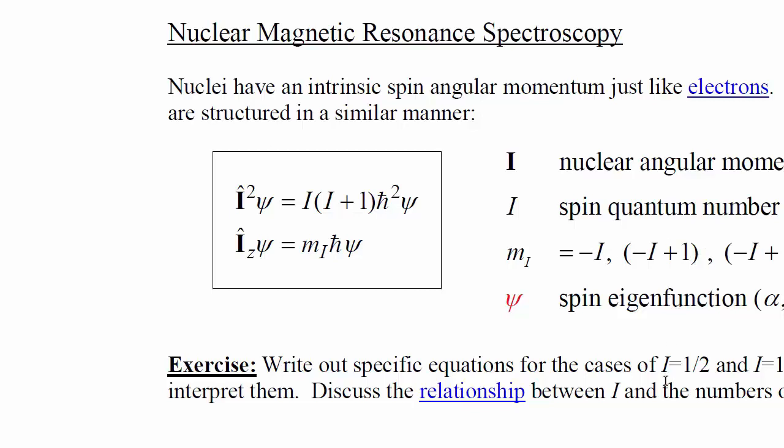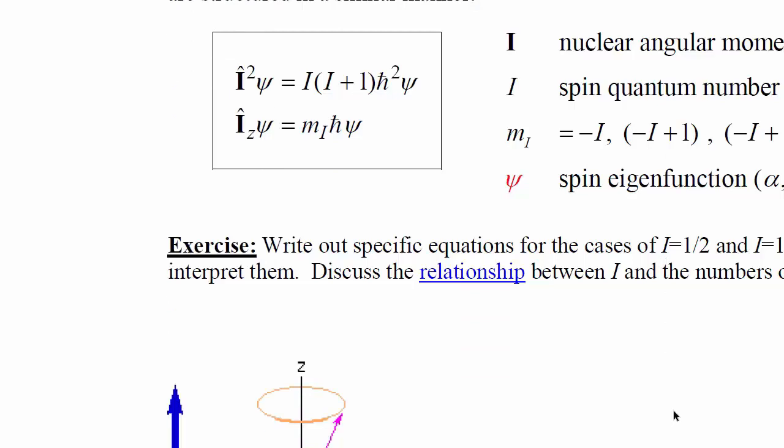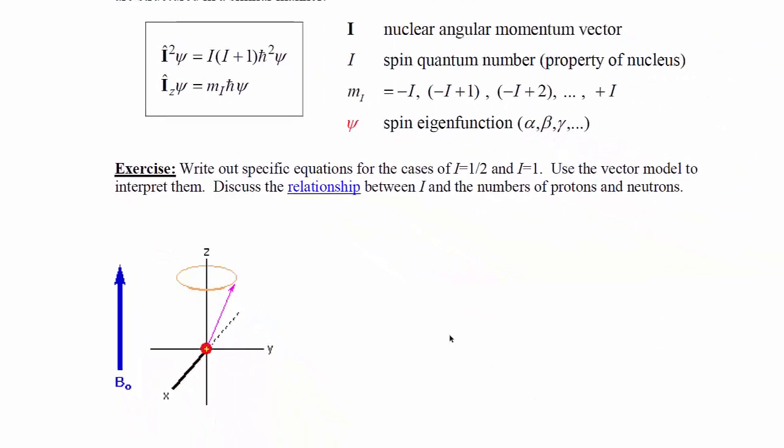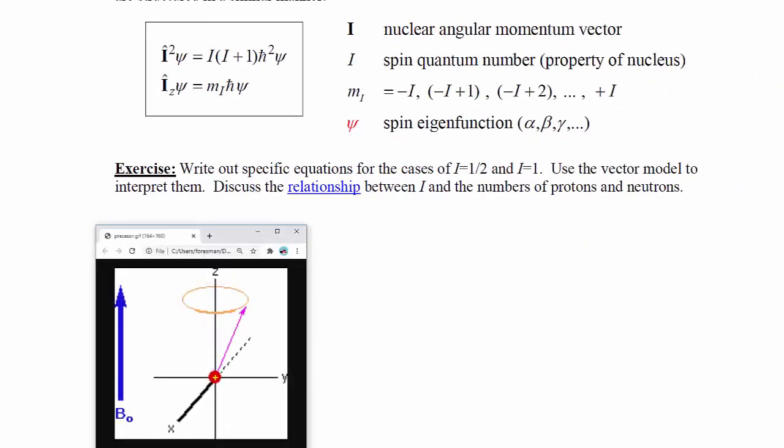So think of the case of the spin of a nucleus as being just like a vector that's spinning about the z-axis.